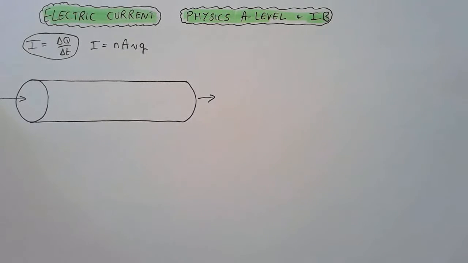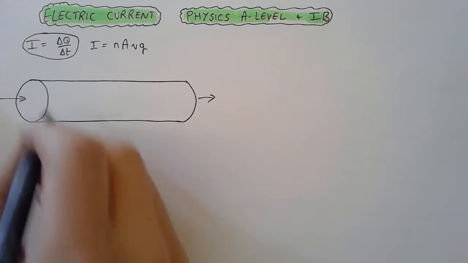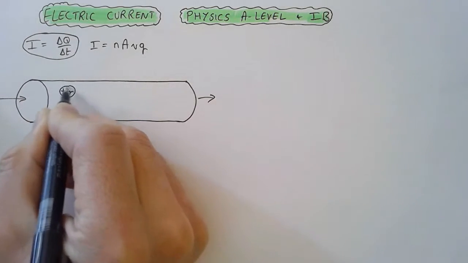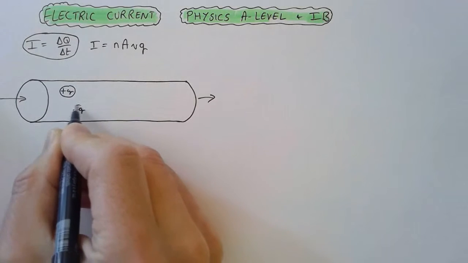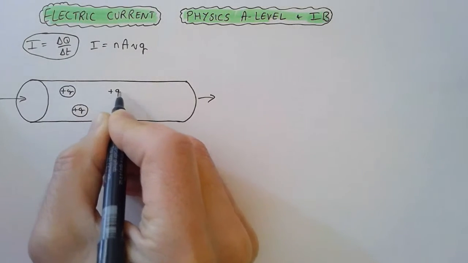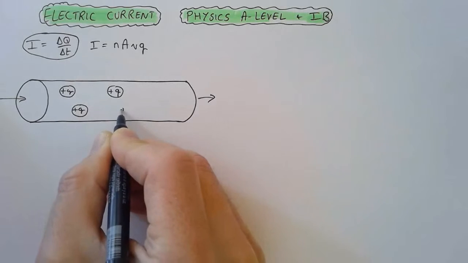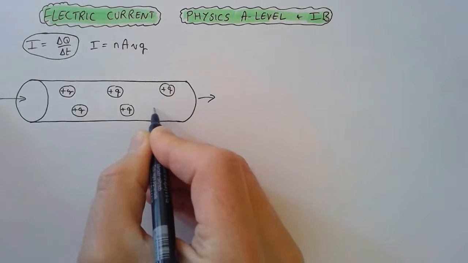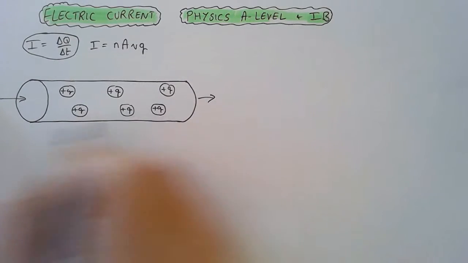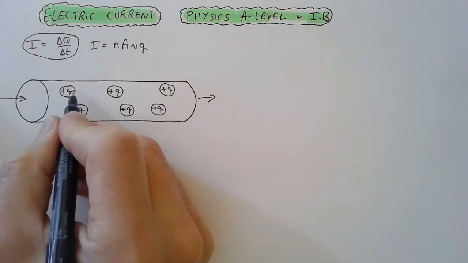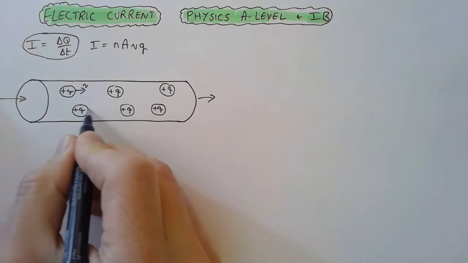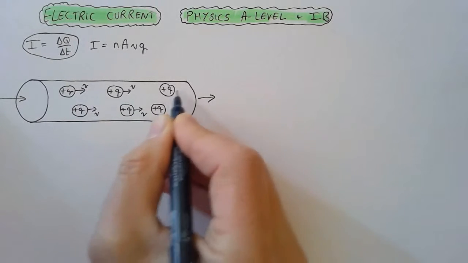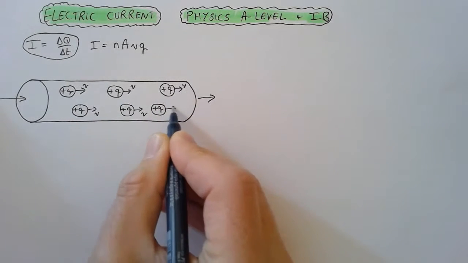And let's suppose we've got small positive charge carriers moving through the pipe. So let's draw a few like that, and let's suppose they're all moving from left to right at the same velocity v. So it's like a beam of charged particles.